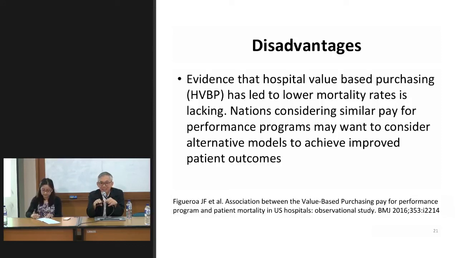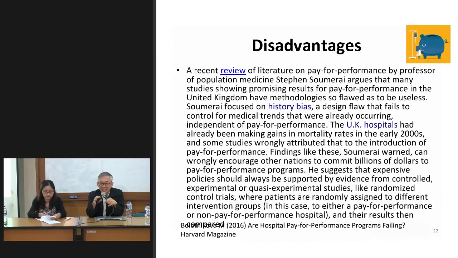Another publication, I think in the CDC journal, concludes on the evidence from the UK hospitals that had already been made. They also said that this is because of history bias, the bias because of the change of environment. Hospitals tend to be improving in terms of outcomes anyway, without doing anything, because of technology and many other contextual factors.